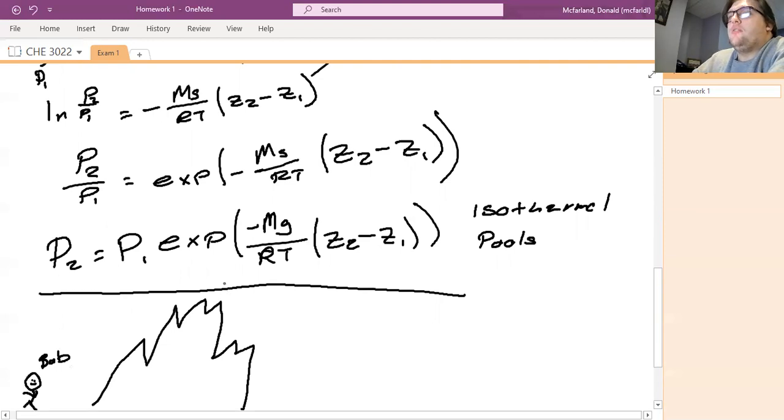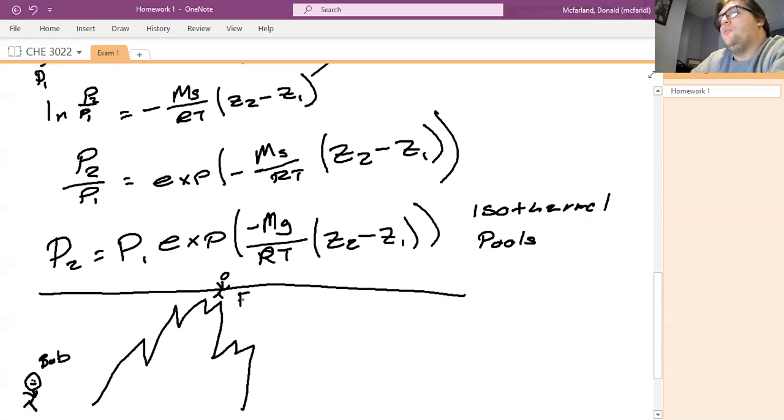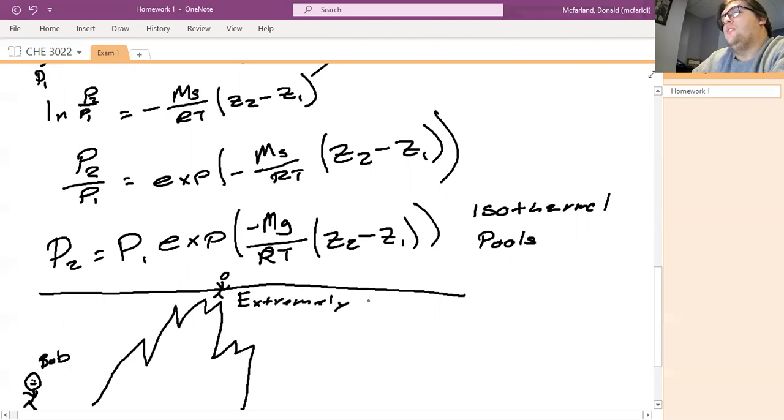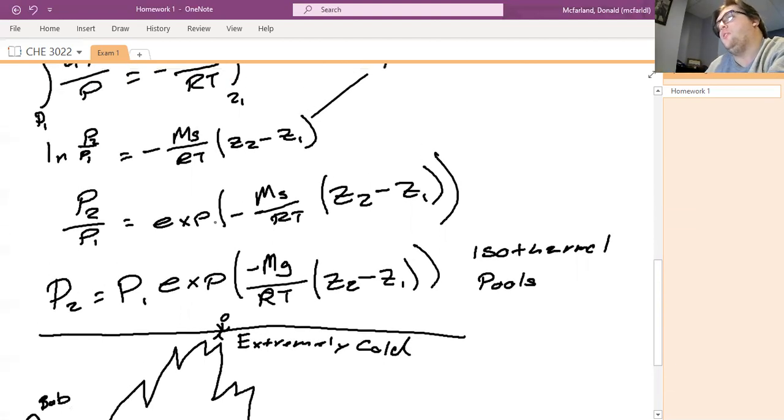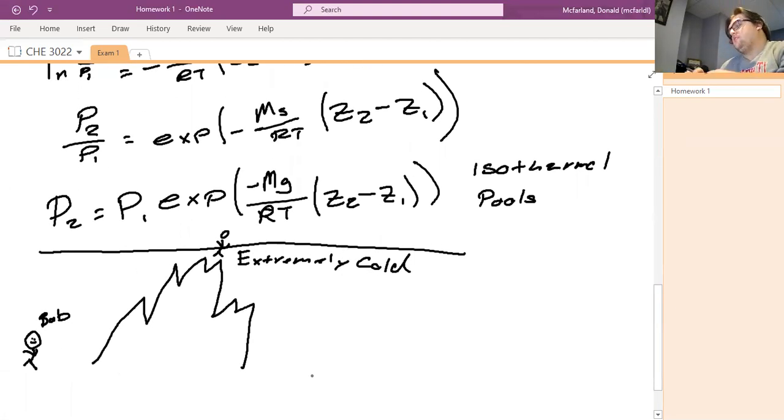He gets up there, but he notices it is extremely cold. But he remembers doing this problem up here, our first one, where we deal with the pool. So he is confused as to why he's feeling colder.